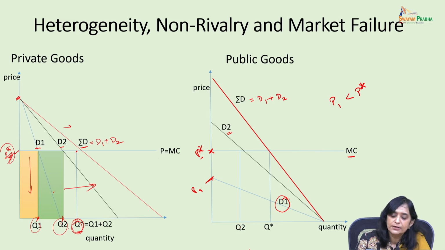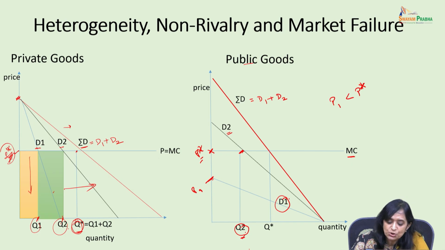But now let us see what is going to happen with person 2. Person 2's demand curve is being shown by D2. Now D2 shows that he is willing to buy Q2 at P star. So this means that the market should produce Q2. But remember that the public good is a non-rival good.